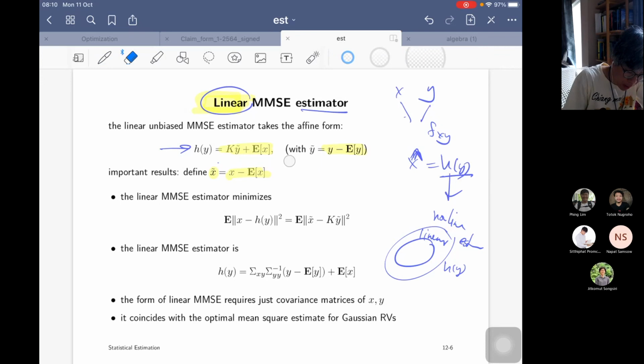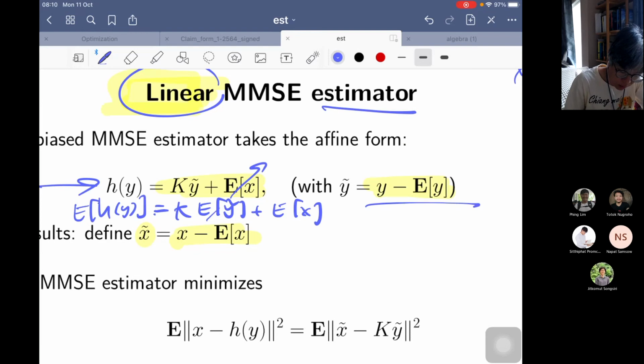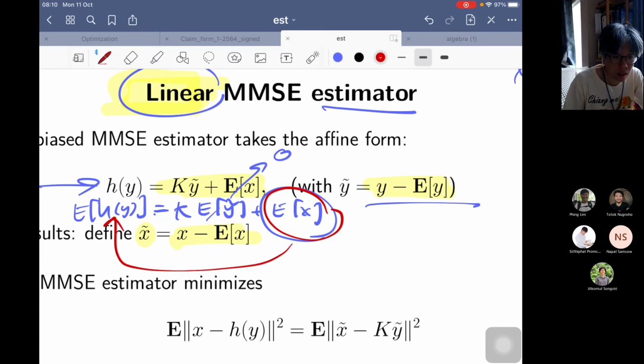The reason why we have the bias term E of x is that when you take the expectation of your estimator, that should be K times E of y tilde plus E of x, and because y tilde has zero mean, that is what makes h of y unbiased.